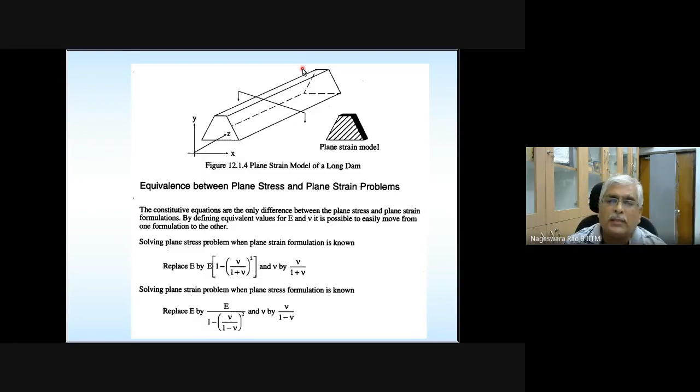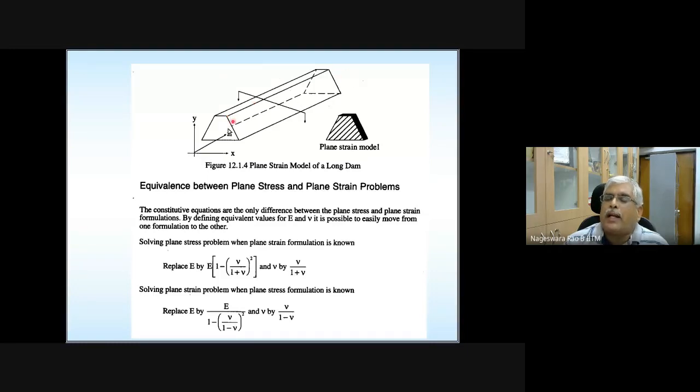So please don't have a false impression that if the out of plane dimension is much longer, it is plane strain. It's not the case. It also depends on how the load is applied. You need to be very careful on that. Here the load is applied in this direction, and the load is same everywhere. Load is constant.